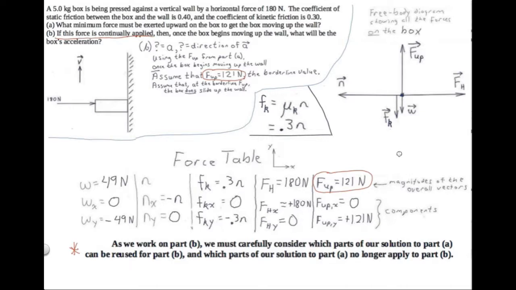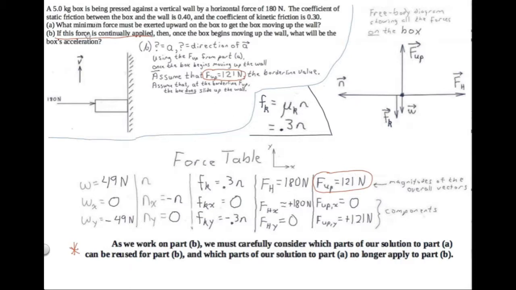For part A, we didn't know what the magnitude of the upward force would be. But now, in part B, we do know this magnitude. Remember, we're making the assumption now in part B that the magnitude of the upward force is 121 newtons. So that's another way that we can change our force table from part A to part B. For part B, we can say that the magnitude of the upward force is 121 newtons.